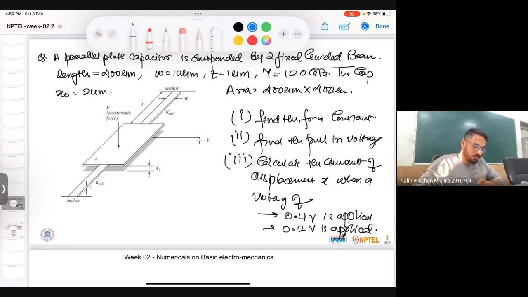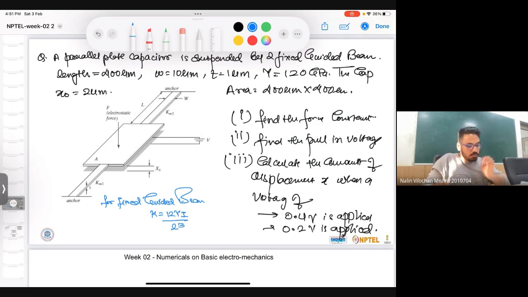For fixed guided beam, coefficient is 12 EI by L cube.